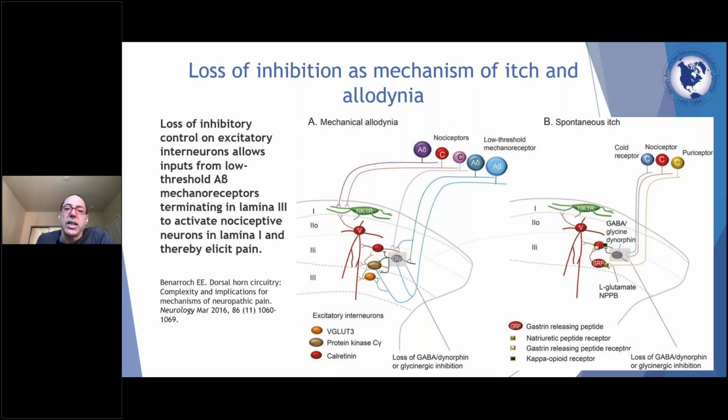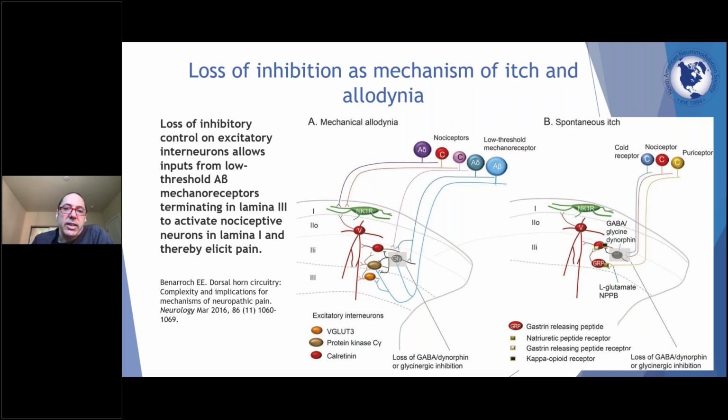And this may be because it's those inhibitory interneurons which are under tonic excitatory control. And so if there's a burst of excitation with nerve injury, they're the ones who receive the brunt, more glutamate than even the projection neurons that are directly excited by the primary afferents.